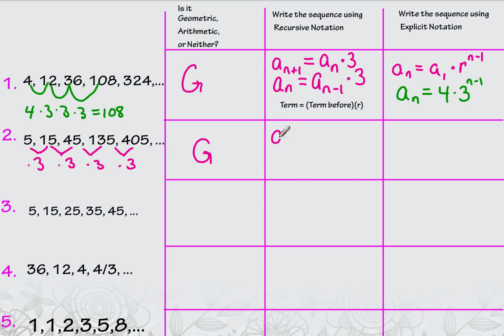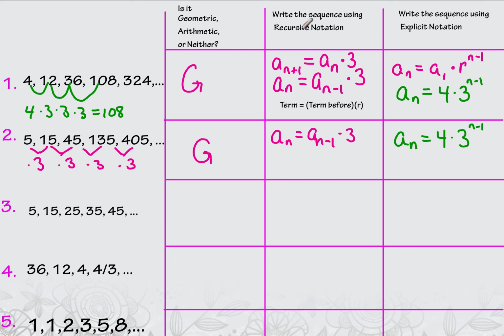I like to say to find any term, I take the term before it and multiply by 3. Or I can do the explicit, which is to find any term. I start with the first term and multiply by the ratio n minus 1.